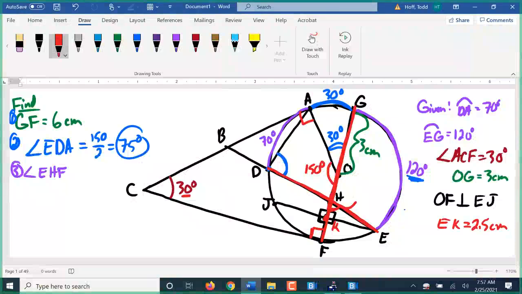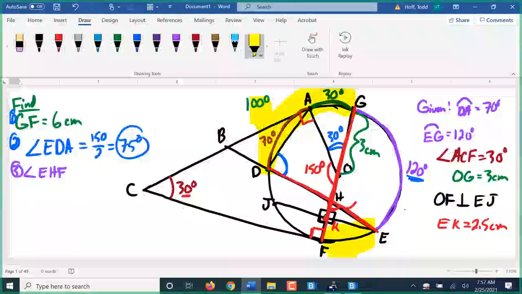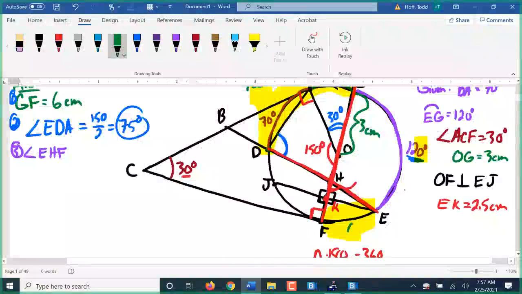Well, how do I look at those intersecting chords? Well, I know this piece up here is just the 30 plus the 70, or 100 degrees. And I know that this piece down here adds with the 120 to make a half circle. So that piece is just 60 degrees.